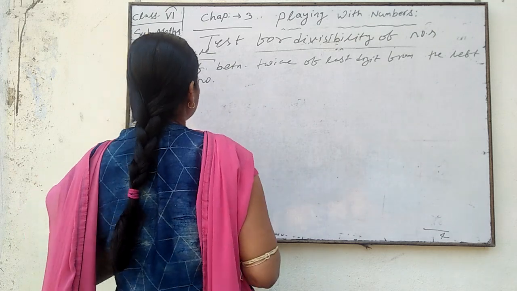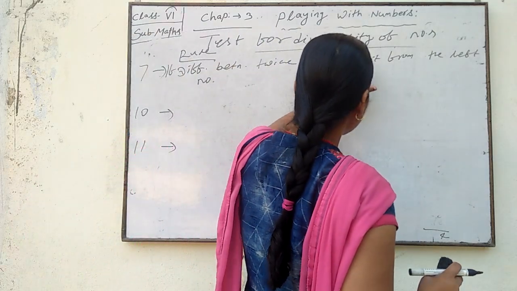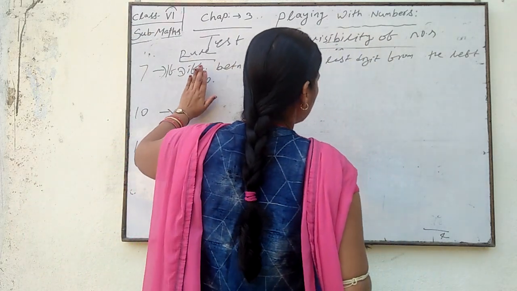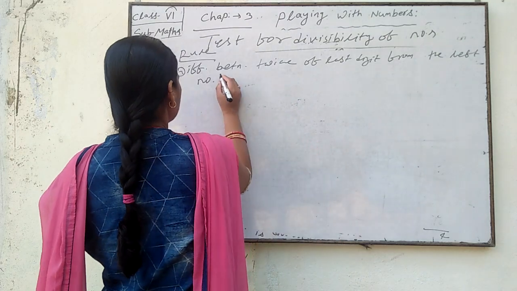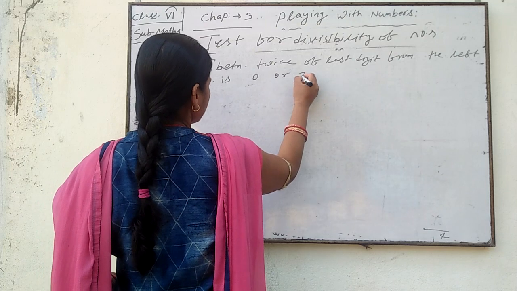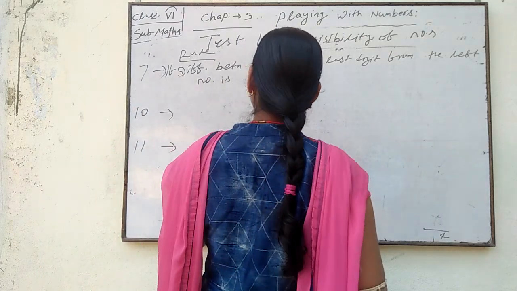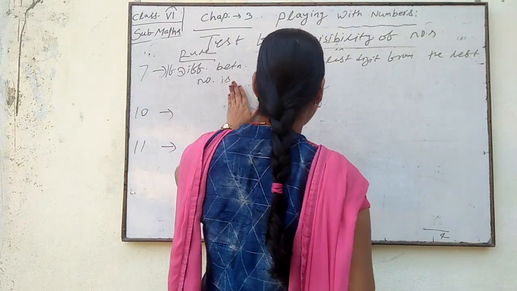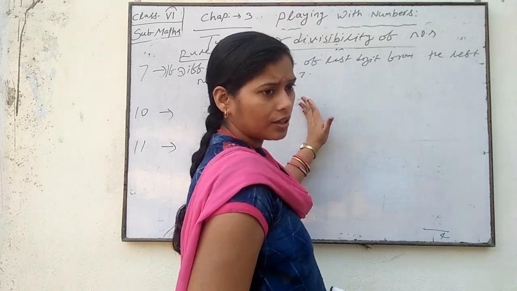If the difference is 0 or a multiple of 7, then that number is divisible by 7.